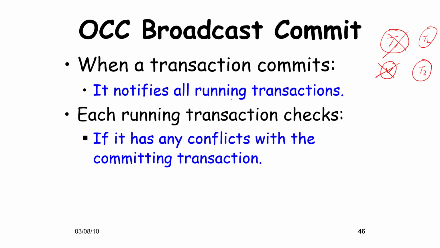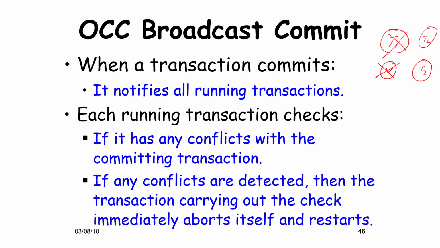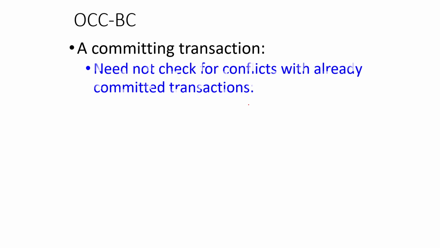To stop this, we have another protocol known as OCC BC or OCC broadcast commit, which says that when you are committing, you notify all the running transactions, and they check for conflicts. If any conflicts are detected, then the transaction carrying out the check will immediately abort itself and restart, right?